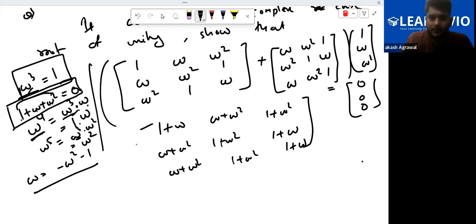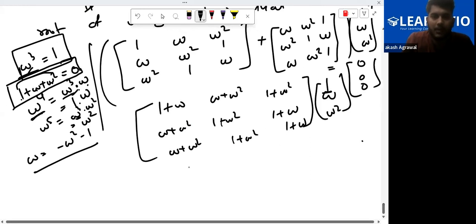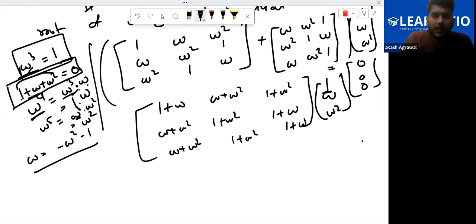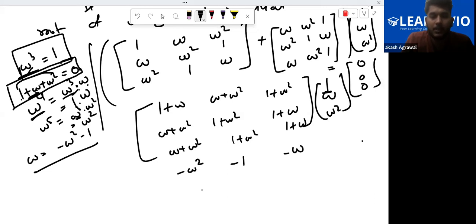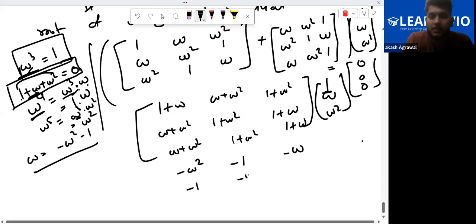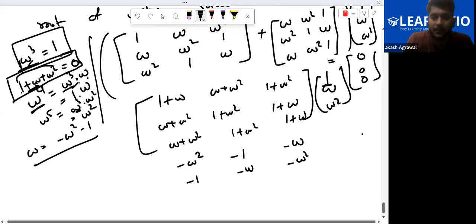Okay, addition is this. We have to multiply this with [1, omega square]. From the equation, we can deduce that 1 plus omega we can write as minus omega square. Omega plus omega square is -1. 1 plus omega square is minus omega. Omega plus omega square is -1. 1 plus omega square is minus omega, and so on. You can see the pattern, I think.